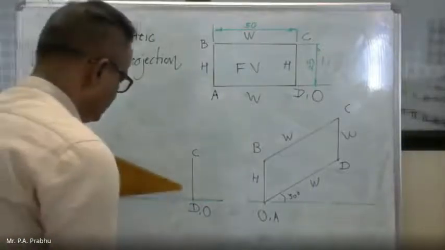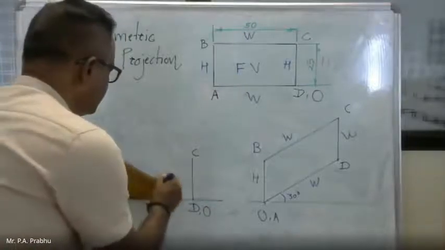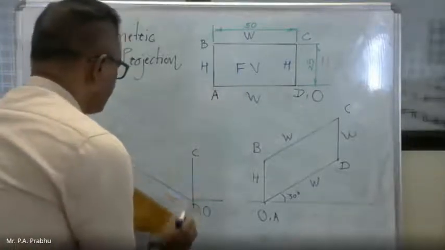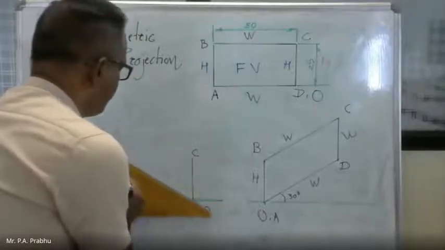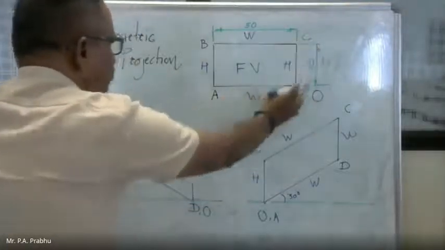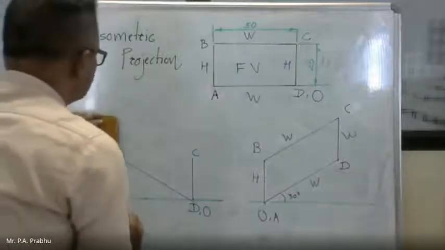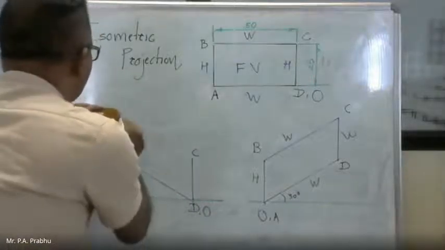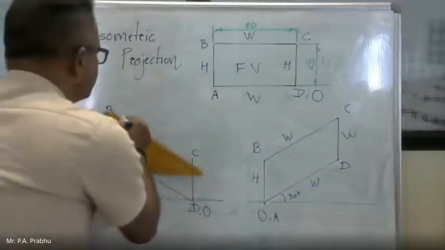So here through point D, the origin, draw a line inclined at 30 degrees. So this is point D, this is point C, so this point will be A. Again mark the vertical height. This point will be B, and join this.